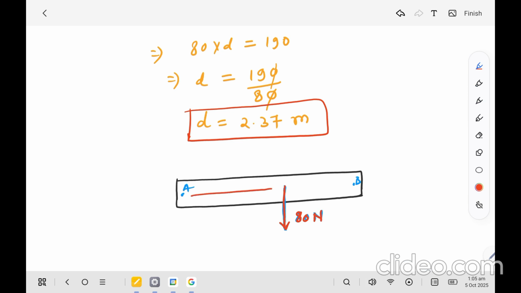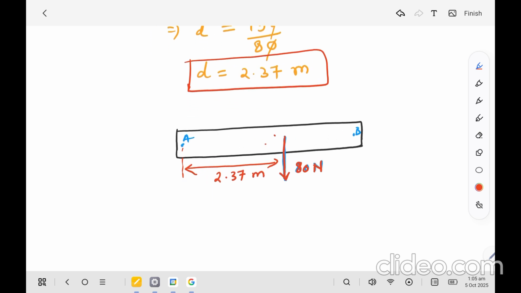The distance, or we can write here, the distance from A to this force is 2.37 meter. So this is the answer and what we want.